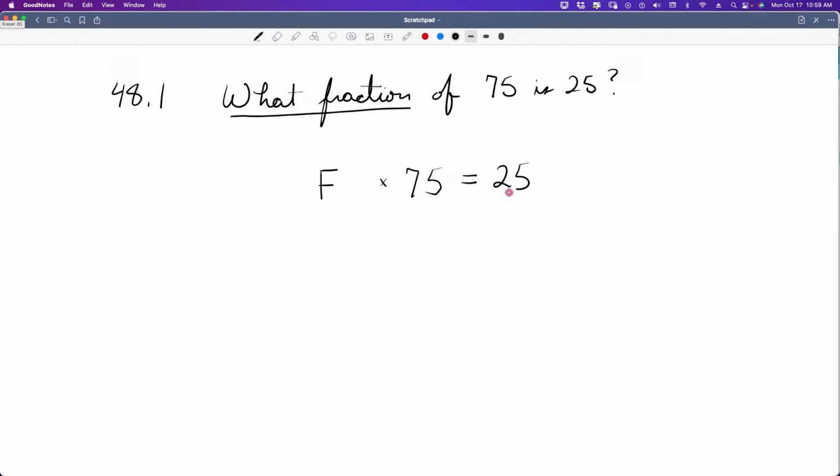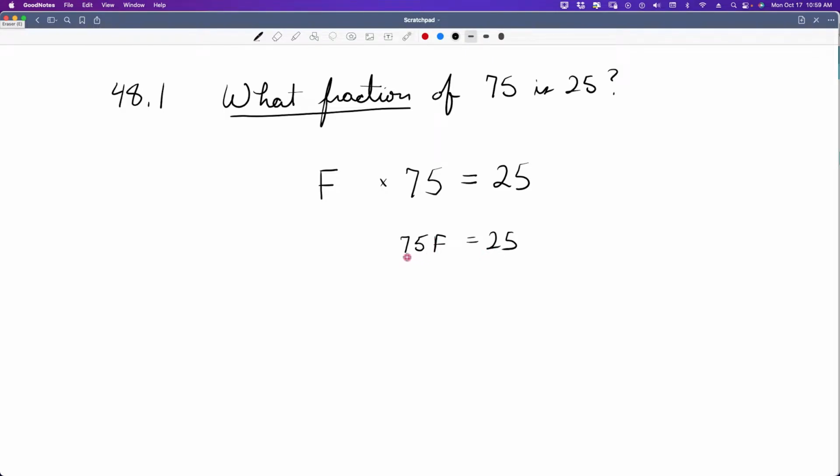Now we can say F times 75 equals 25. Well, we know when we have a variable, and our variable just means a letter that represents the unknown value, we're going to treat this like a variable, and we're going to say 75 times F is equal to 25, right? That's the same thing as this. We just rewrote it in a way that looks better.